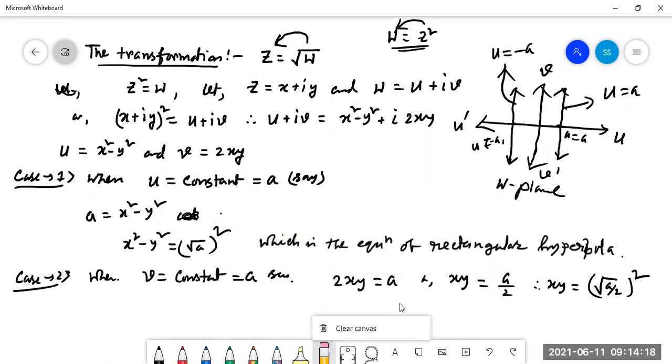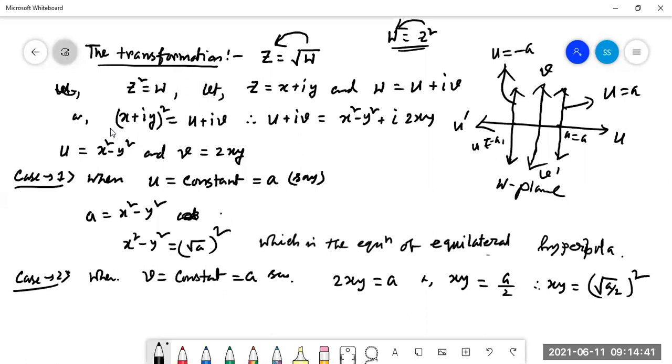It was not a rectangular parabola. It was the equilateral parabola. And whose equation is this?